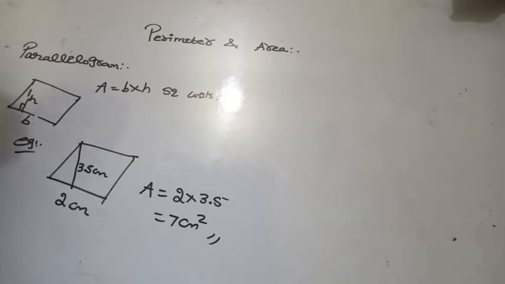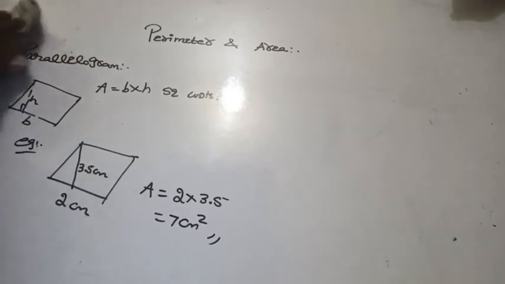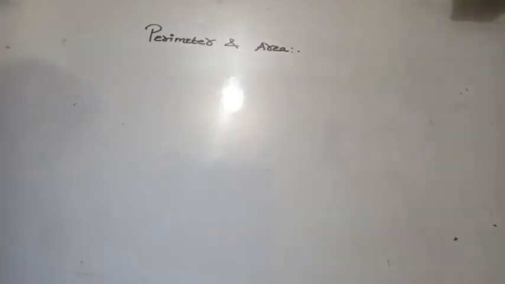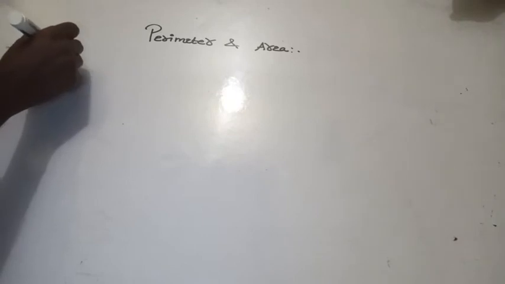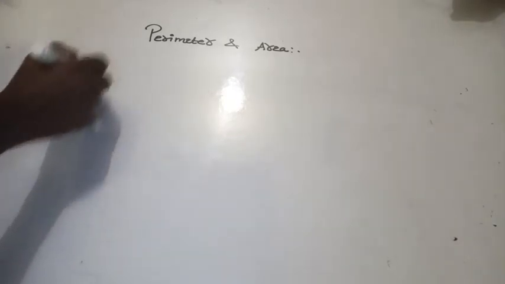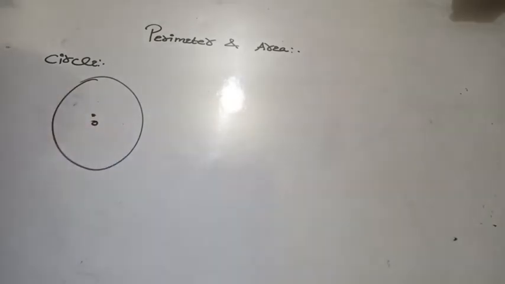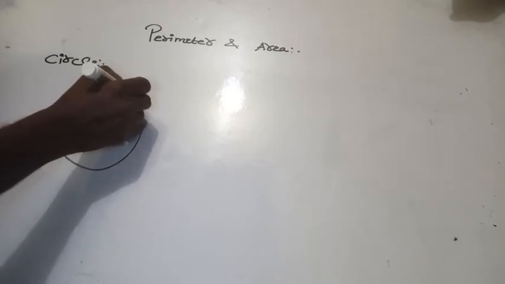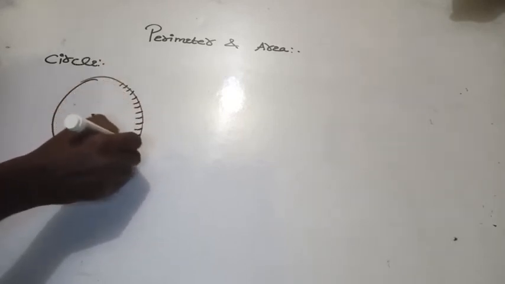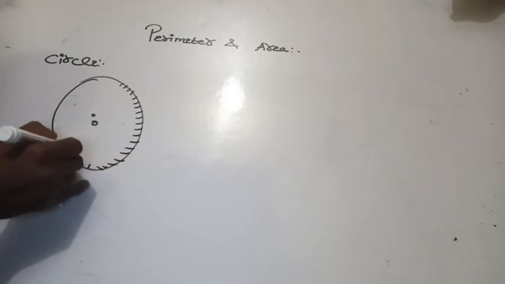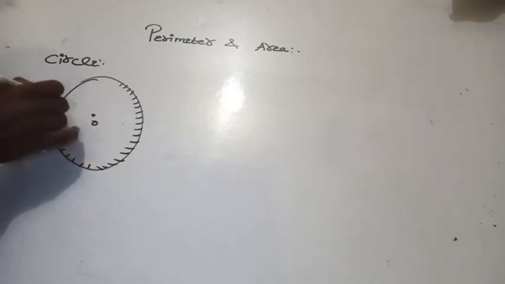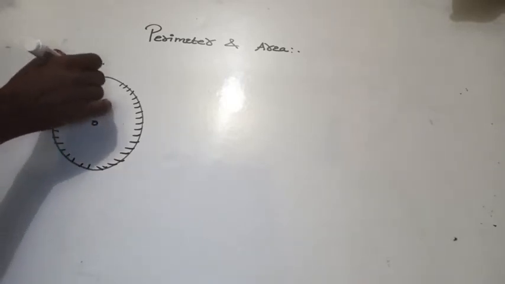Now come to the next one, circle. What is meant by circle? The exact definition of circle: there is a fixed point. A circle is the collection of all points which are equidistant from the fixed point.